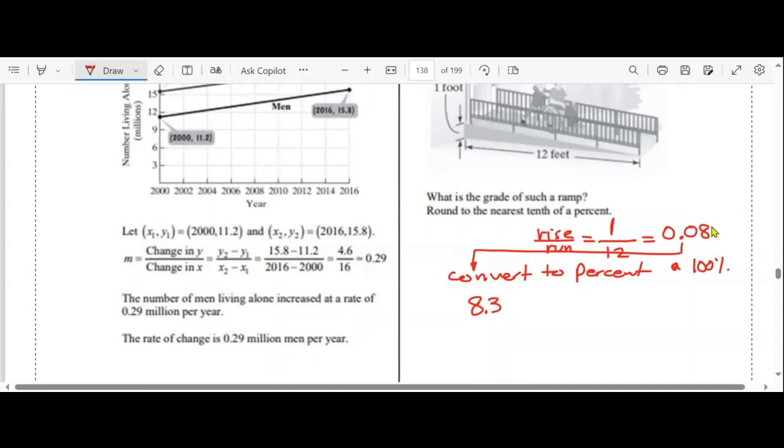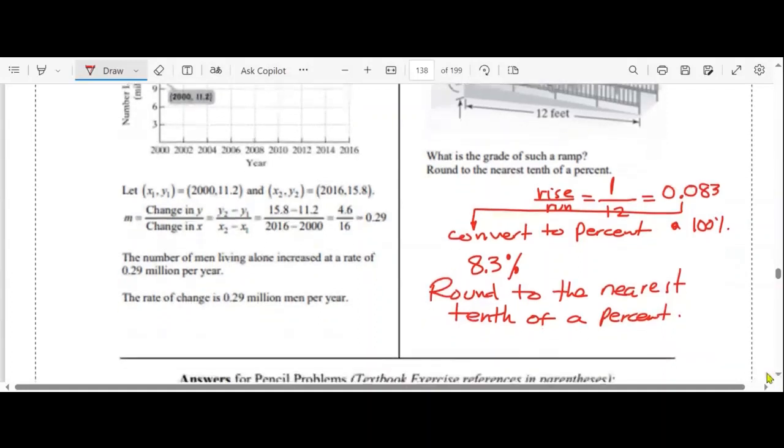It's 8.3 continuous. Okay, and he wants you to round it to the nearest tenth of a percent.